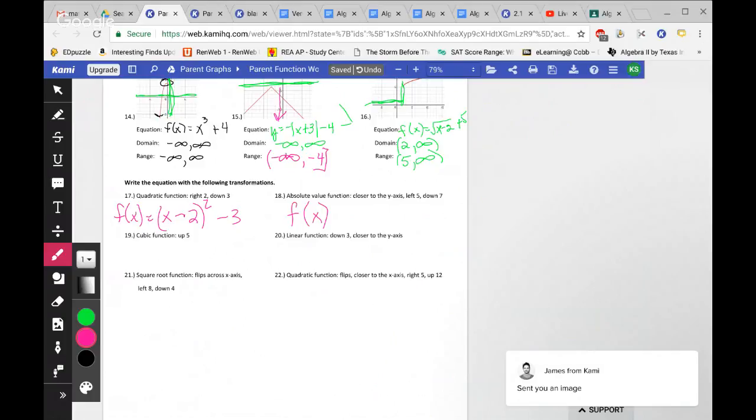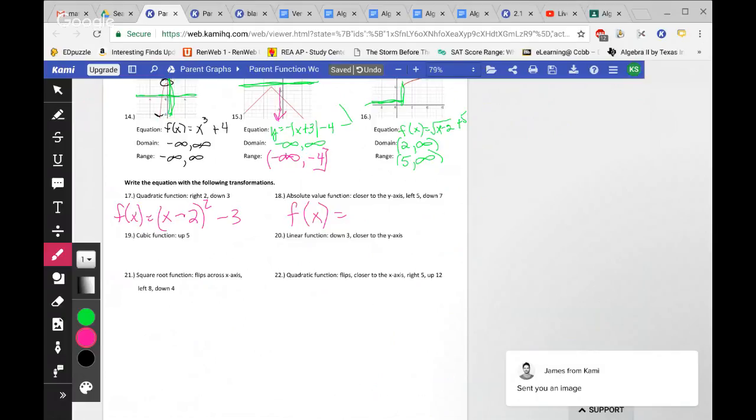And that's it. So the absolute value, this one says it's closer to the y-axis. So you know you're going to have that multiplier out front. Is it going to be greater than 1 if it's closer to the y-axis or less than 1? Greater. Good job.